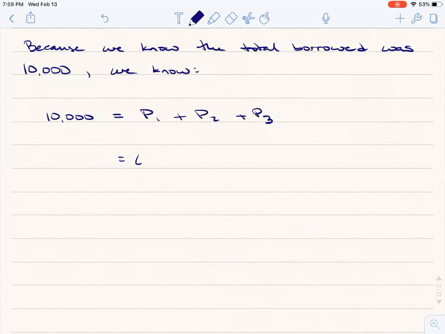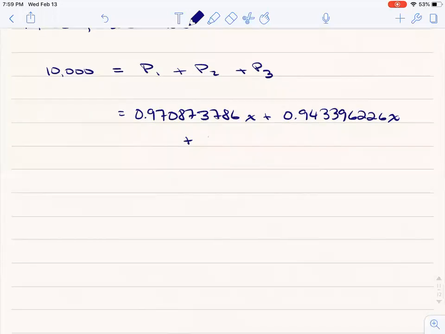P1 was 0.970873786X plus P2, which was 0.943396226X plus P3, which was 0.917431193X.